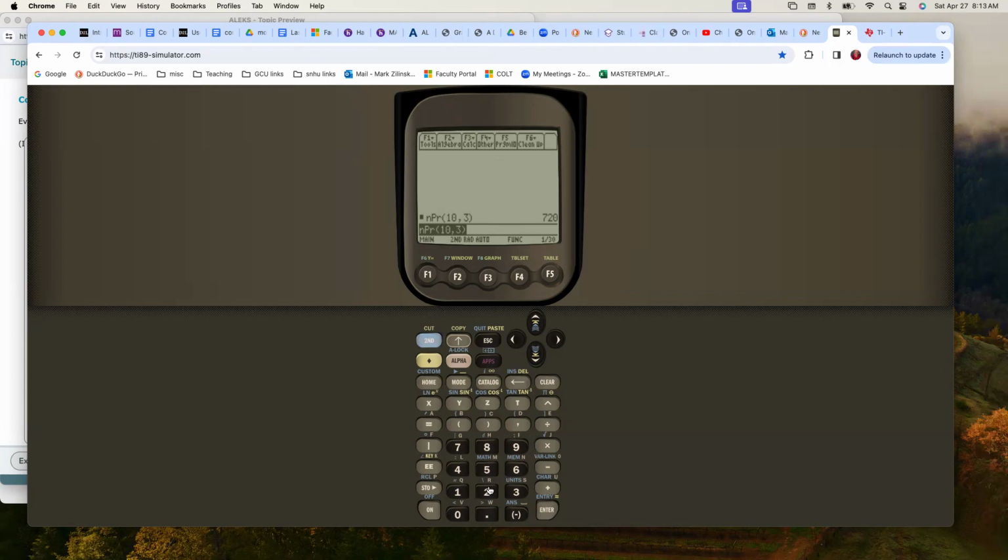However, if I was just interested in the combinations, I go to my probability menu again, select 7, and go down to nCr, which is where order doesn't matter. I put in the 10 and 3 again for the same scenario, except I'm excluding order, and I get 120, okay?